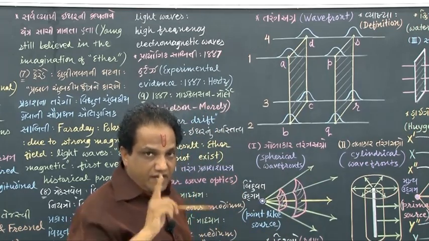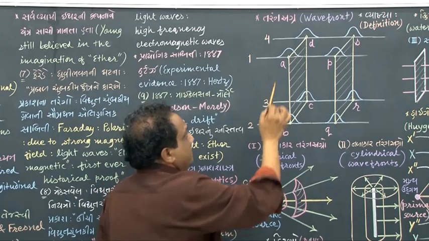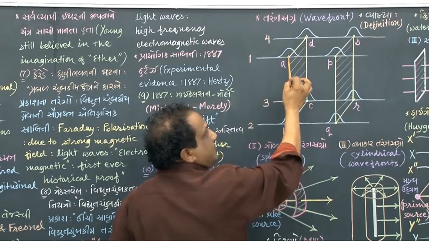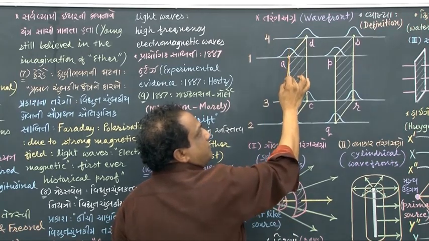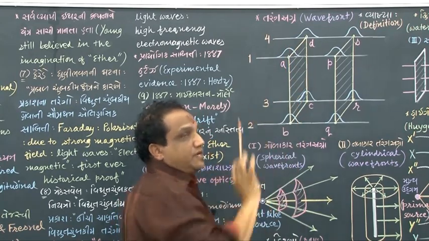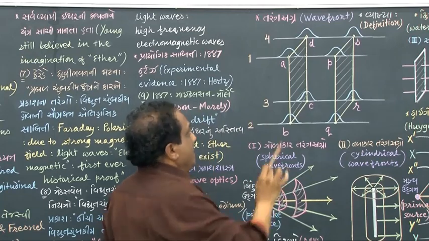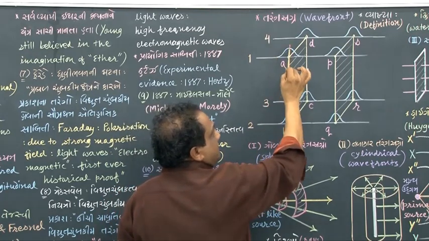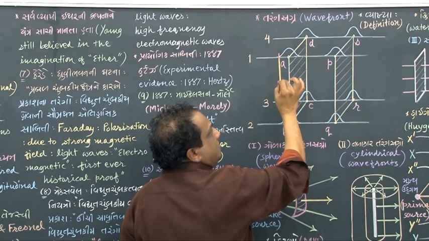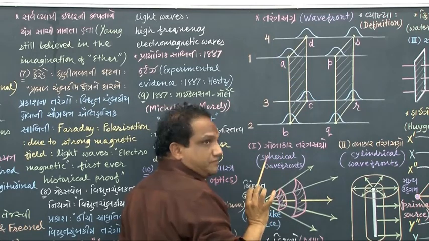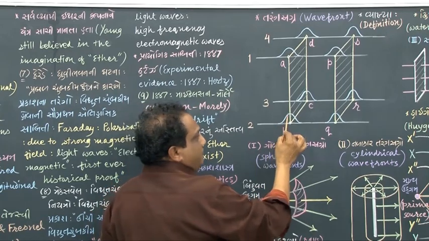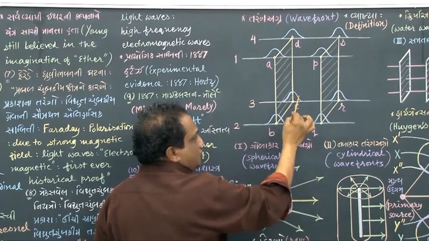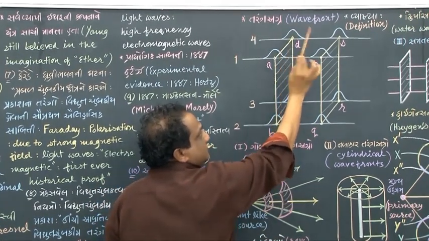You will find at a given point of time, this particle has been displaced vertically upwards, and suppose it has undergone this much maximum displacement in the upward direction, and because of that a crest is formed in this part of the string. At the same moment, suppose a crest is formed here also, and here also, correct?